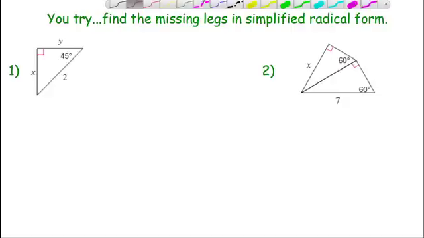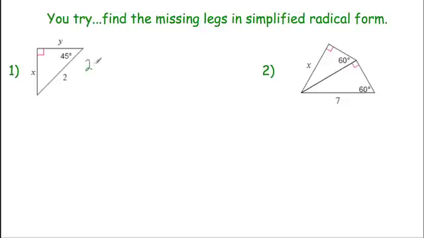All right, here we go. Let's light it up. So this one we have, I'm going to do the hypotenuse is radical 2 times the leg. Divide by radical 2. So 2 over radical 2 equals the leg.